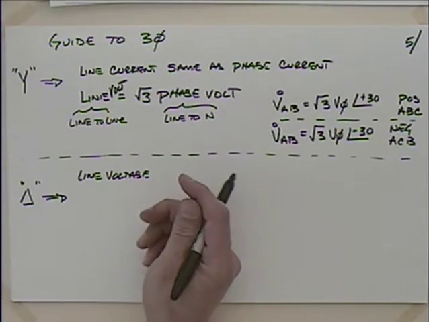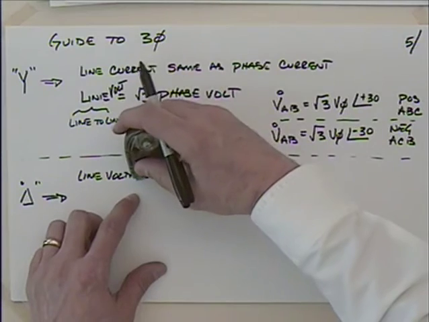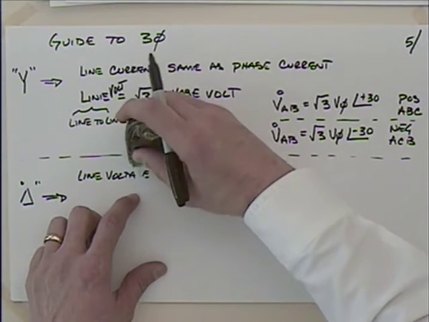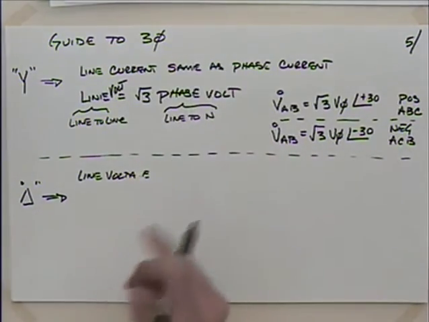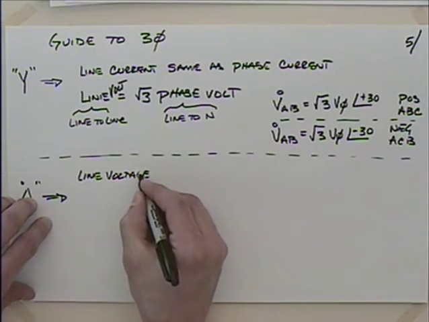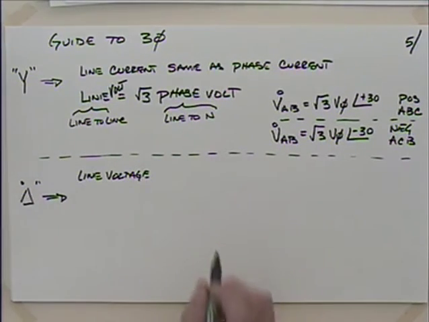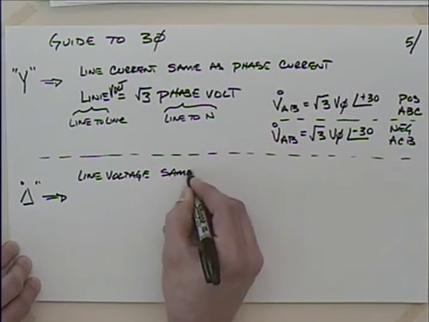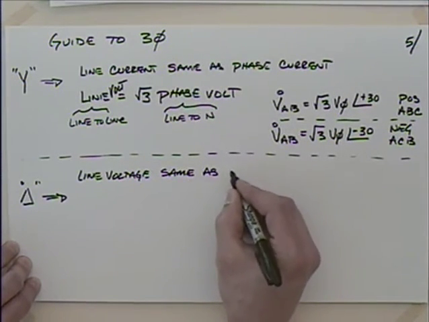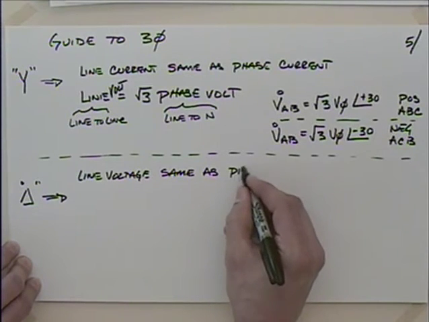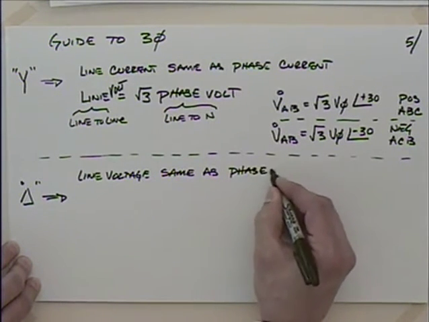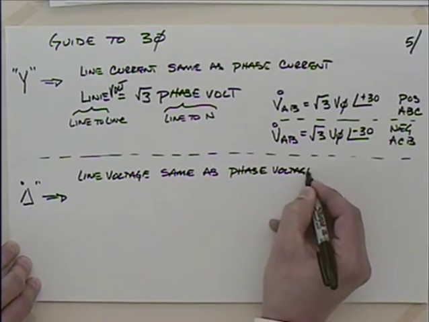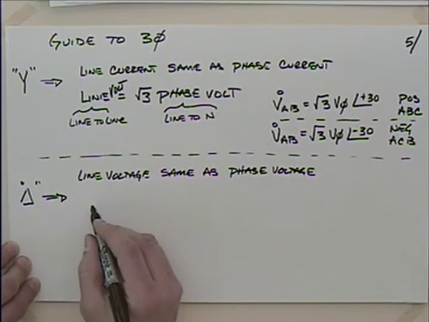Okay, so I've got the line voltage same as the phase voltage. And then I need to talk about the currents.